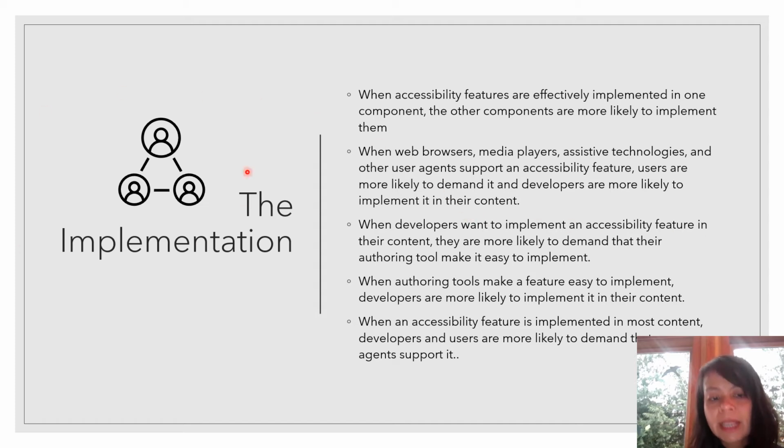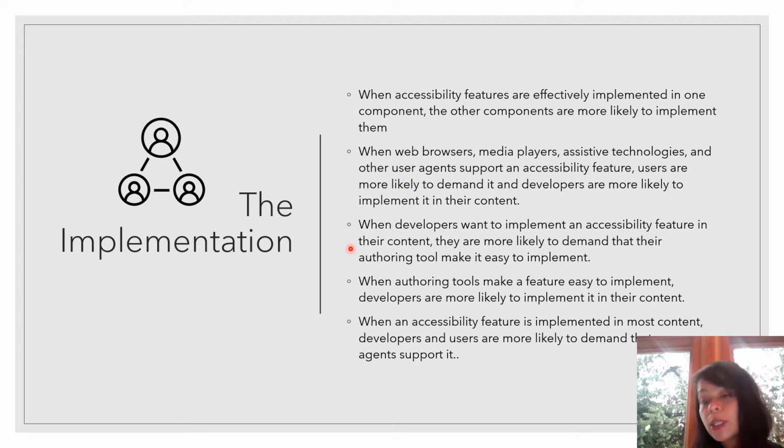So, the implementation: when accessibility features are effectively implemented in one component, the other components are more likely to implement them. When web browsers, media players, assistive technologies, and other user agents support an accessibility feature, users are more likely to demand it, and developers are more likely to implement it in their content.